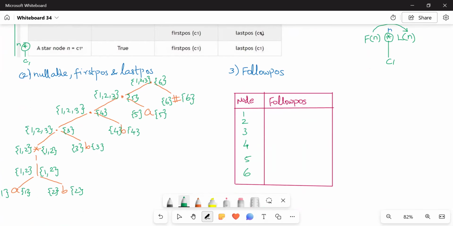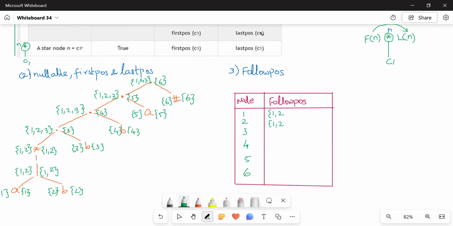So in both follow position of 1 and follow position of 2, we need to write 1, comma 2. Then we need to consider cat node. For this cat node, we need to consider C1 and C2. And what is the rule?